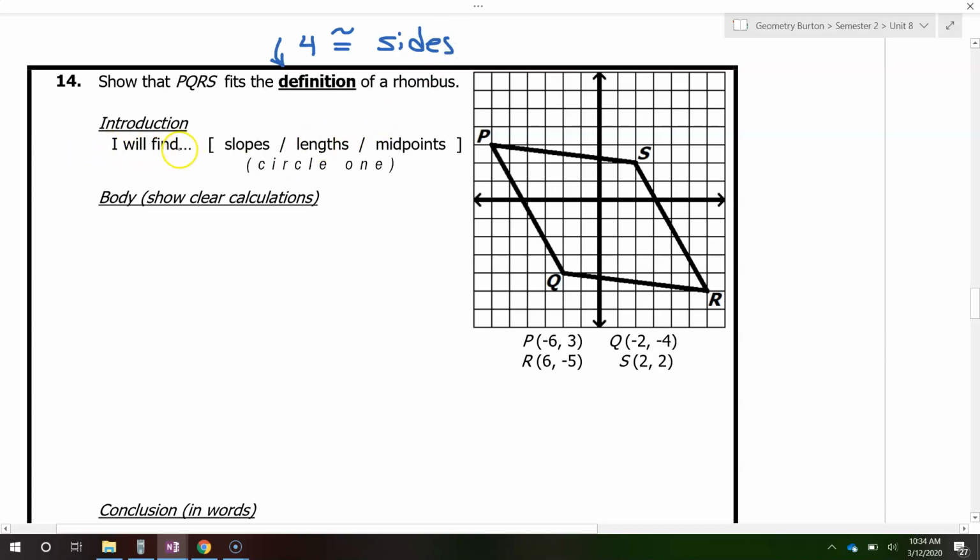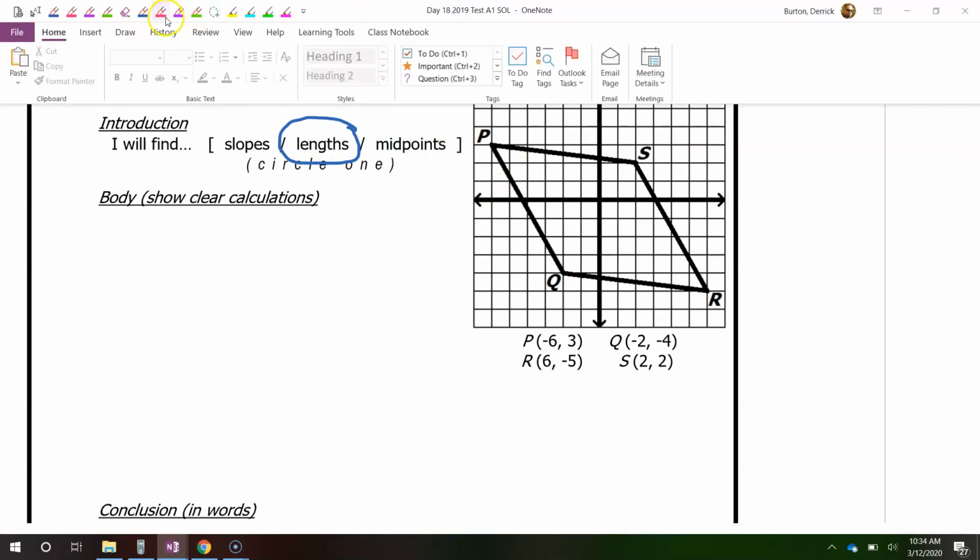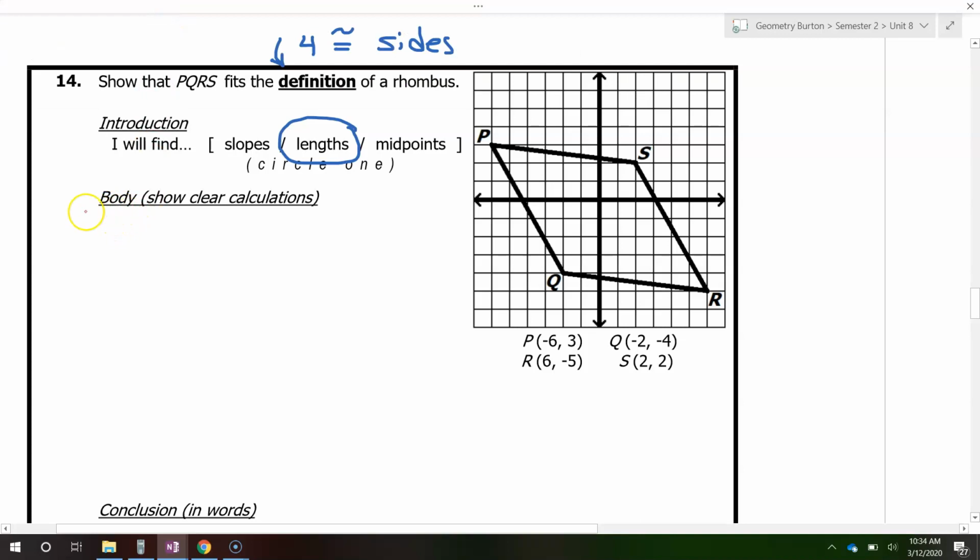That's why, as far as an introduction goes, I'm going to be finding lengths. Congruent means equal length, so I need to find the lengths of all four sides. Now, the main body of my argument really just means clear calculations.